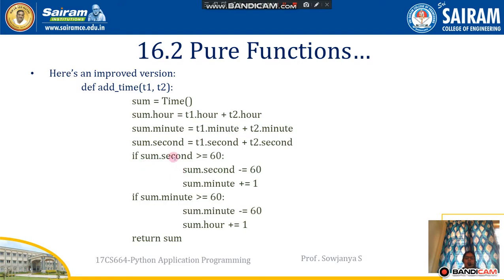Now check the condition: if sum dot second is greater than or equal to 60, sum dot second is decremented by 60 and minute is incremented by 1. Similarly, if sum dot minute is greater than or equal to 60, sum dot minute is decremented by 60 and hour is incremented by 1, and then it returns the sum value.